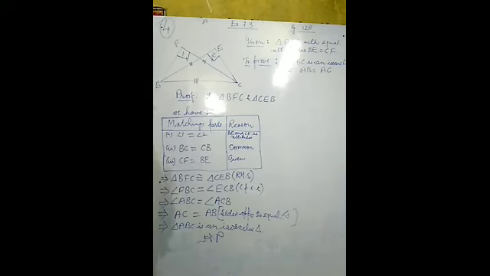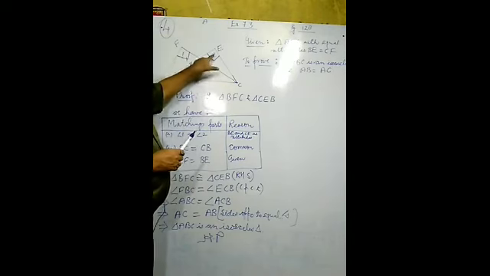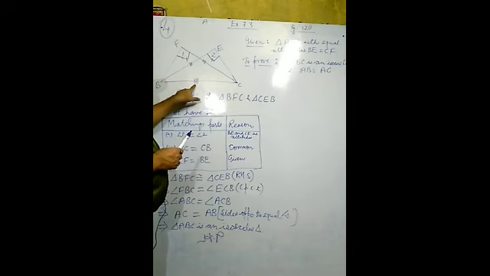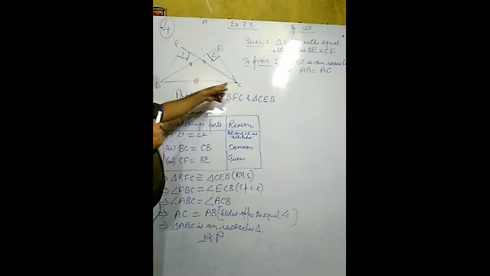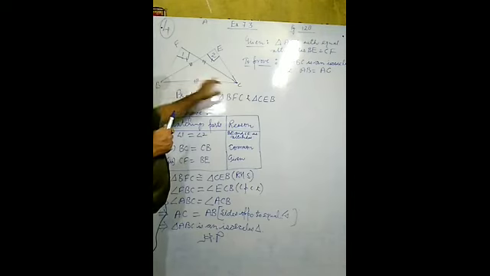Now the right angle is matched. Opposite to 90 degrees is BC, and opposite to this 90 degrees is also BC. So BC equals CB, because BC is common. So the hypotenuse is common here.